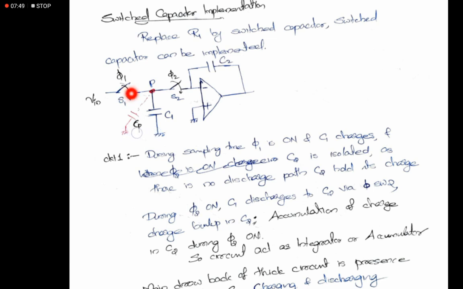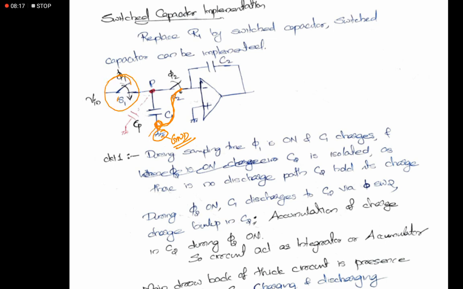The charging path must be entirely different from the discharging path, or the charging point is connected to ground, or we take the discharge path from the ground terminal of the capacitor. If we take the discharge path from this point of the capacitor, what happens? During the charging path, that terminal is grounded, so it will not charge from the supply.